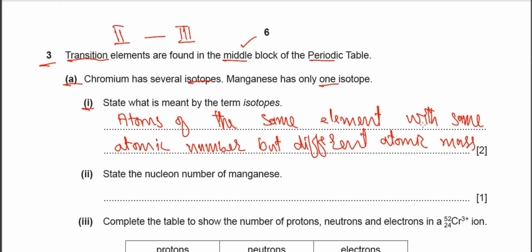As I said, there are several ways. You can say atoms of the same element with the same protons but different neutrons. In either way you can define it, whatever is the easiest, you have to use that pattern.